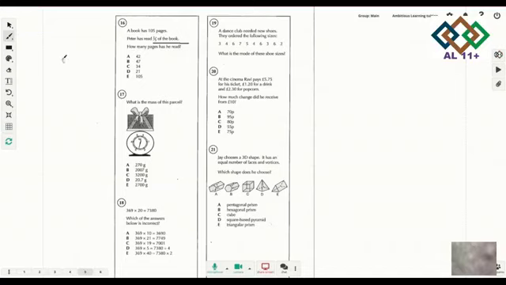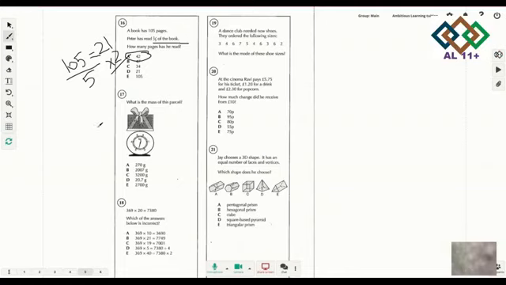So another way of doing this one is, you divide this by 5, you get 21. And when you get 21, multiply 21 by 2. That gives you your answer as 42. So your answer for this one is the first one.